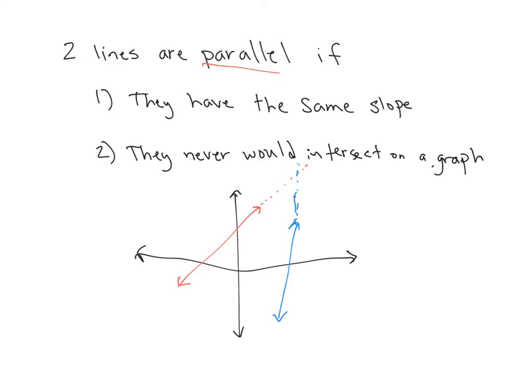So this would be a case of not parallel. So we would need two lines that would go on forever in both directions without crossing. Like those two lines would go on forever, the two black ones there. Without crossing, they have the exact same slope. Just one line just shifted up or down. That would be an example of parallel lines.